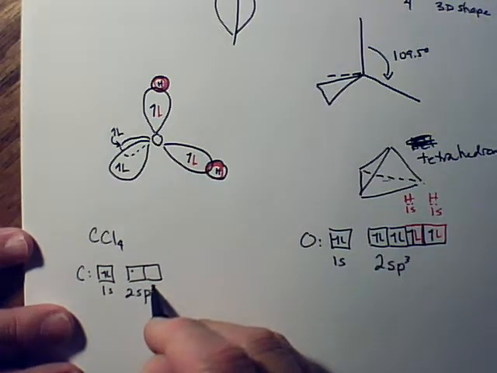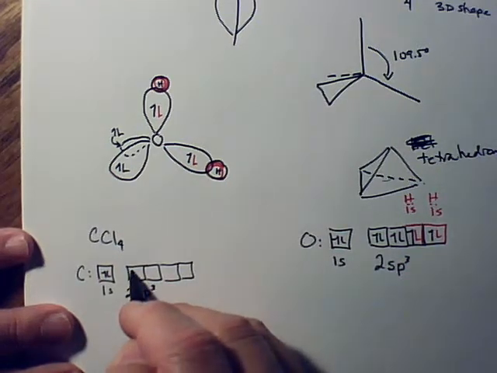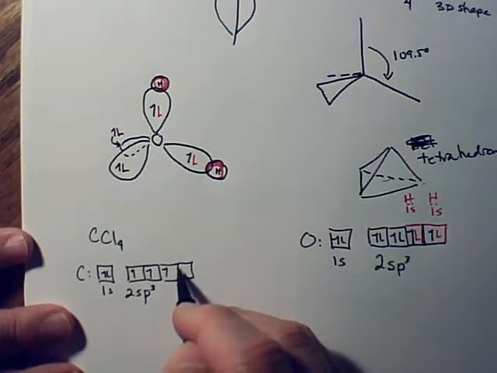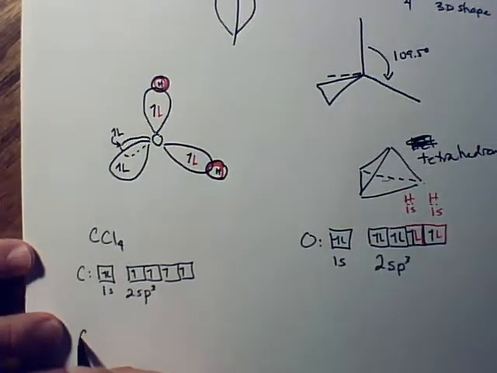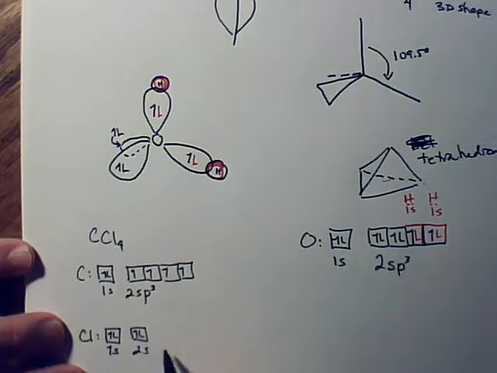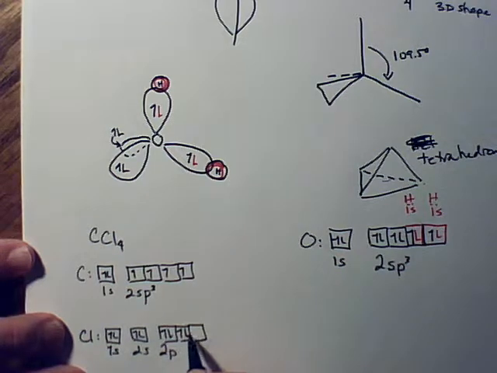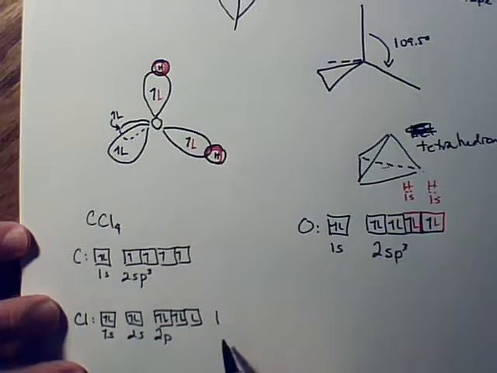It's going to be 2 sp3 here. So there's carbon in its hybridized form. Okay. Here's chlorine. And I want to show chlorine in its hybridized form as well, which would be a 3 sp3.